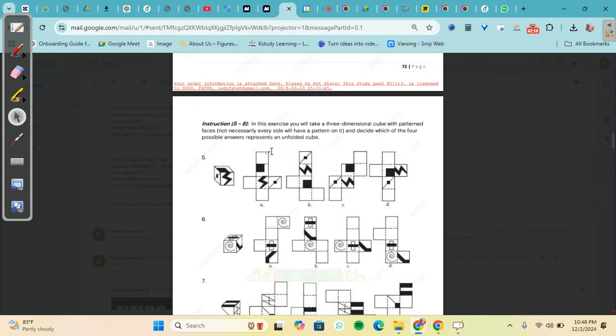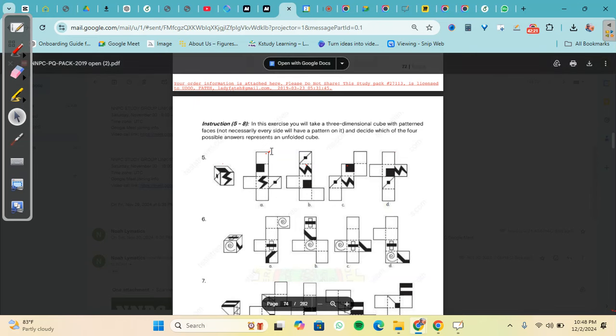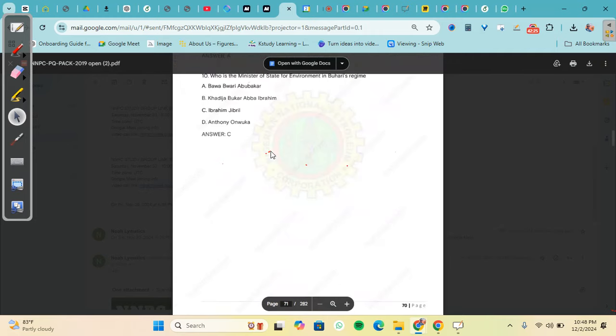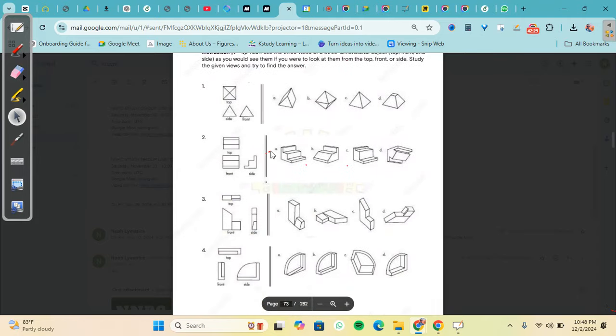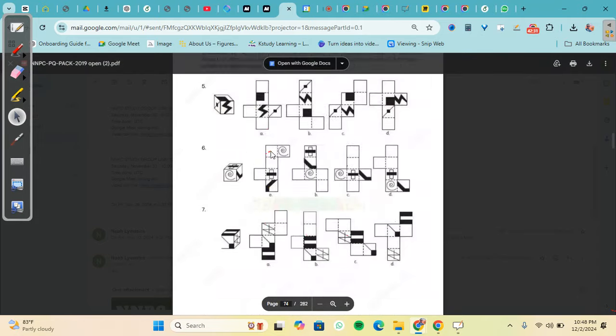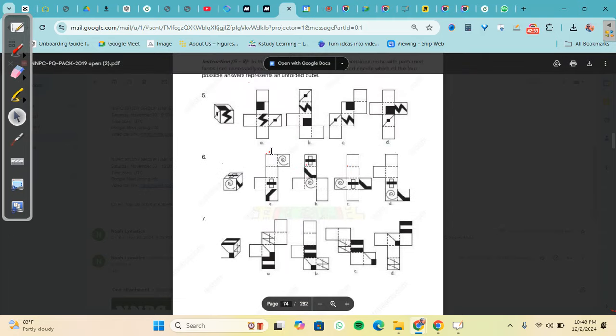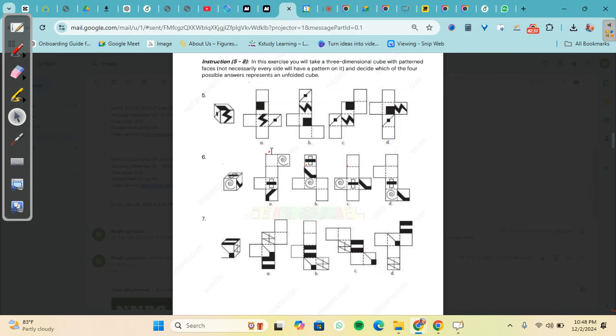This one is very close, right? And by the time you fold it, then it should form this. That should be D. Thank you. What of number six? I think it's making sense now. Number six now. Okay, I can see a snail sign here, and I have it here.